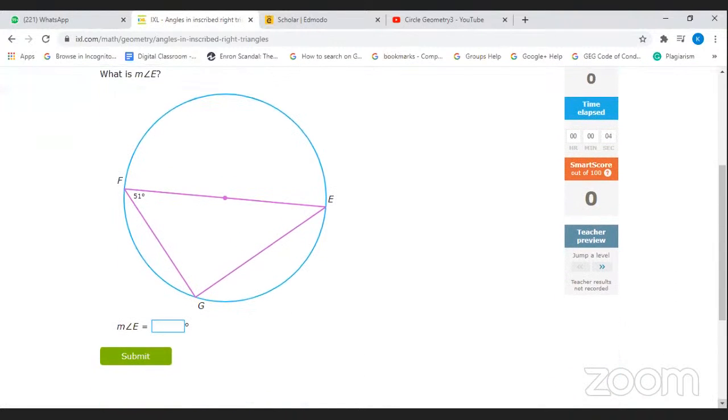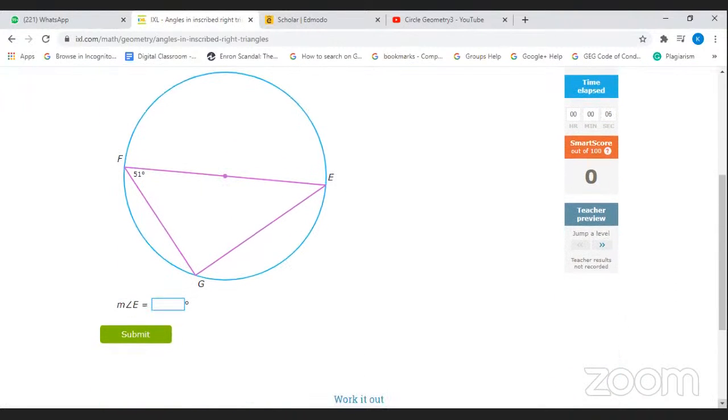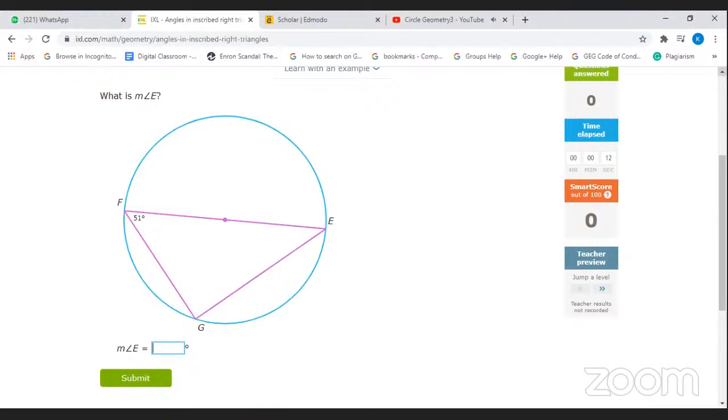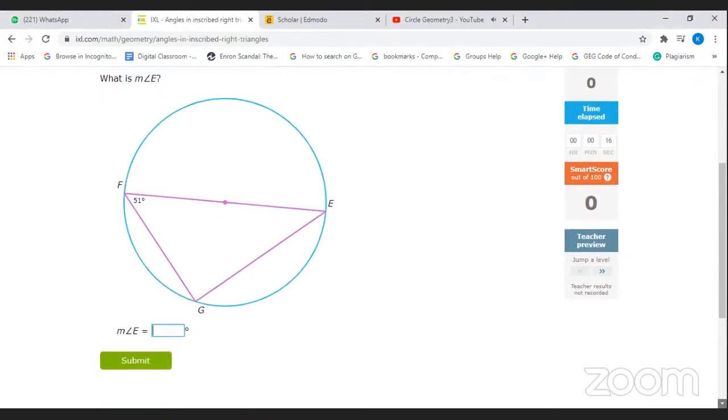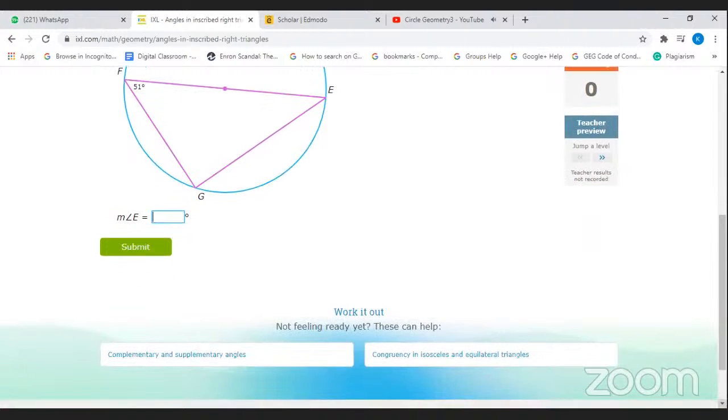So here now, what they want us to find is angle E. Since we have known that angle in a semicircle is 90 degrees, how do we apply that here?